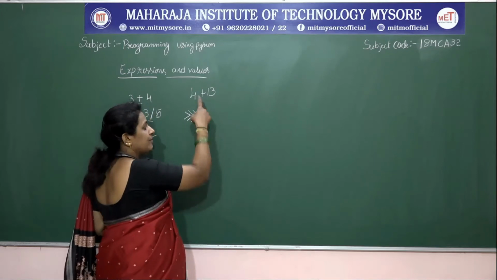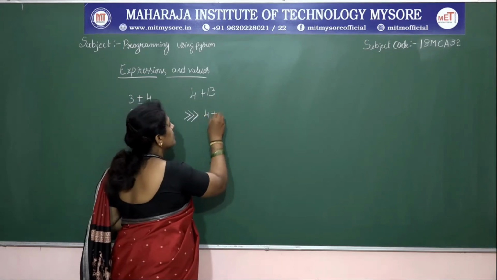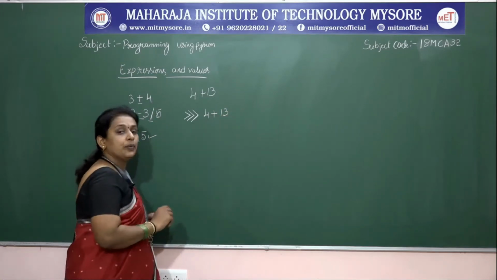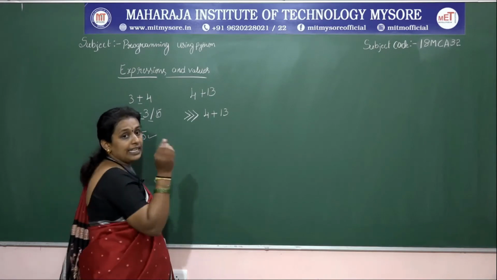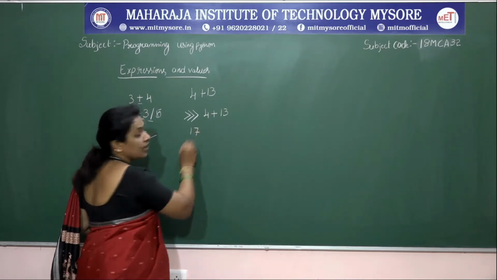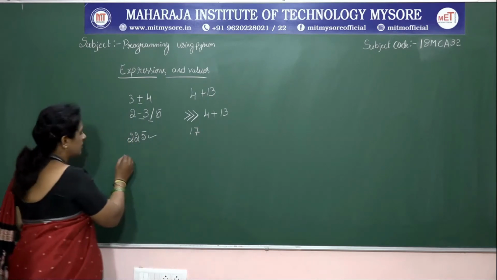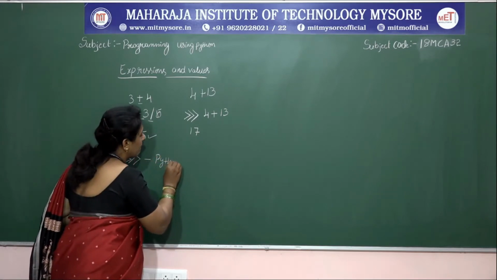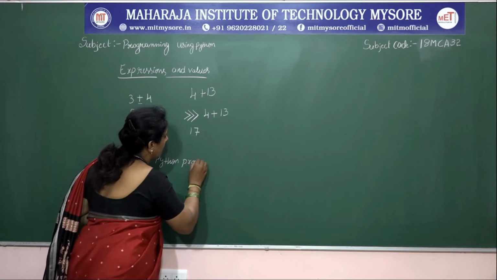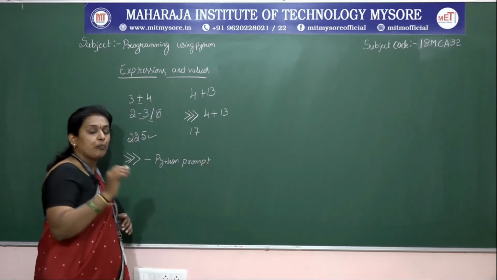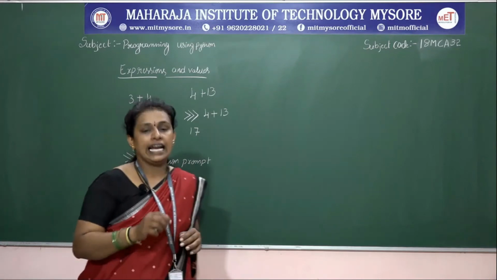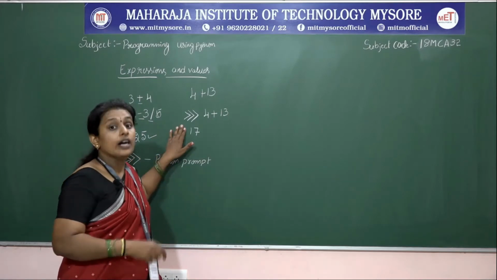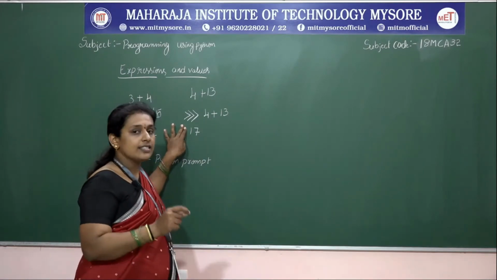I am executing the same example, 4 plus 13. When you execute this statement in your Python shell, you will get the answer 17. The three arrow marks indicate the Python prompt. When you open your IDLE, this will be displayed by default, so you don't need to type this symbol.